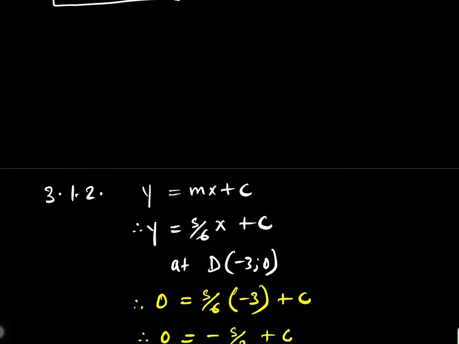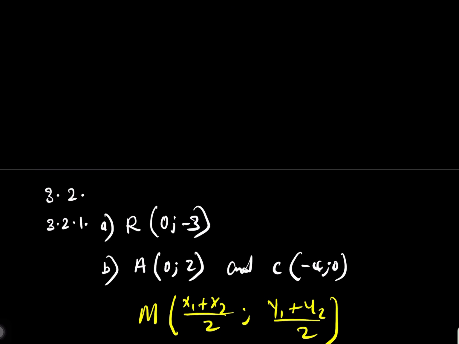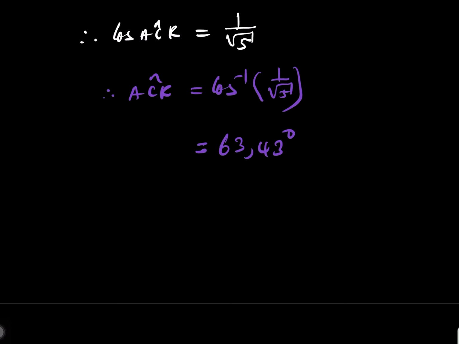So the best thing you can do here is to ask yourself, what are you given? Let me go down here. So this is 3.2.4. We are halfway done. So they are saying ARSC is a parallelogram.